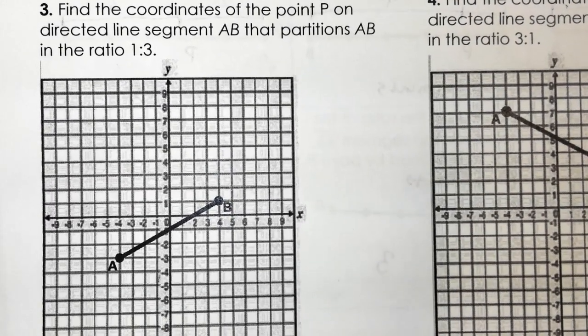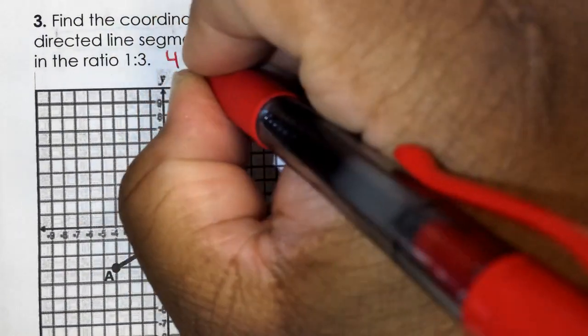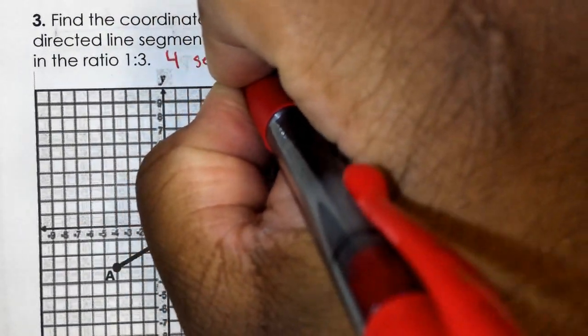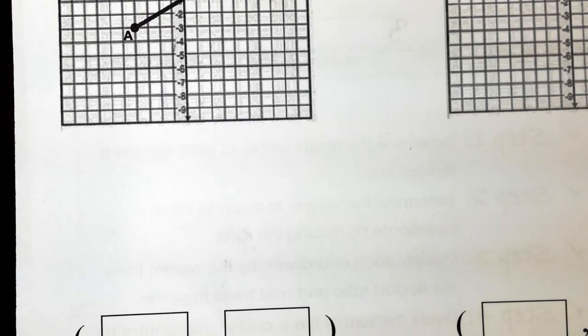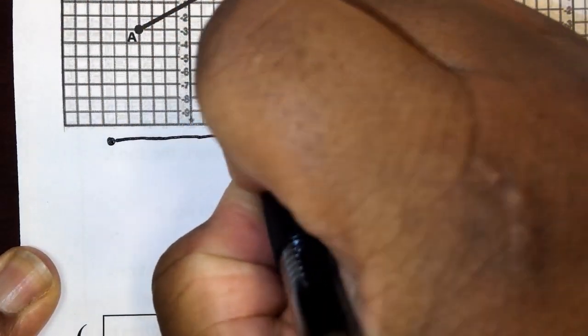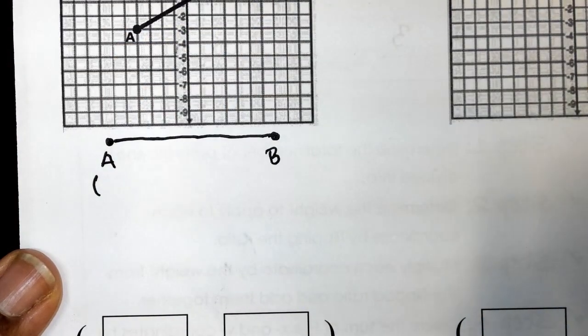Let's start here. What's the total number of segments, Aubrey? Good, 4. We're dividing by 4 at the end. Down here, let's do it. They called it AB, so we're going from A to B. Drawing my segment A to B. A is at where?